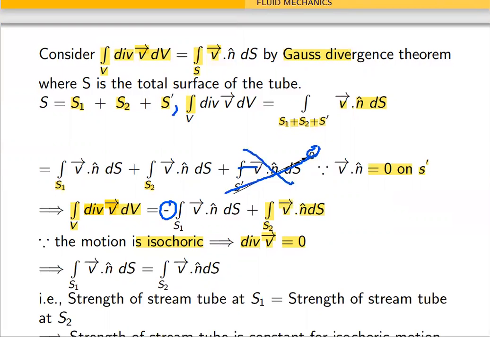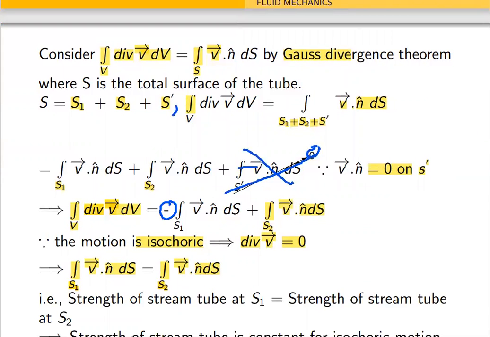So we get the surface integral over S1 of V dot n is equal to the surface integral of V dot n dS on the surface S2. That means the flux of the velocity over the surface S1 is equal to the flux of the velocity across the surface S2.